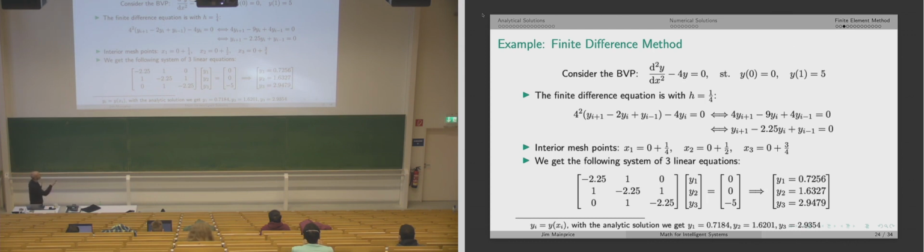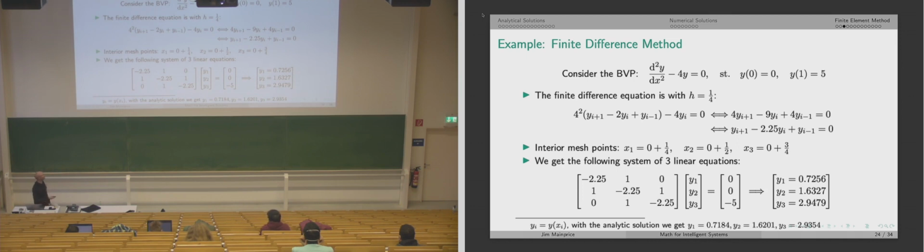Anyways, so of course, how would you solve that? It's a linear system of equations. It's a square matrix. So how do you solve that? Yeah.